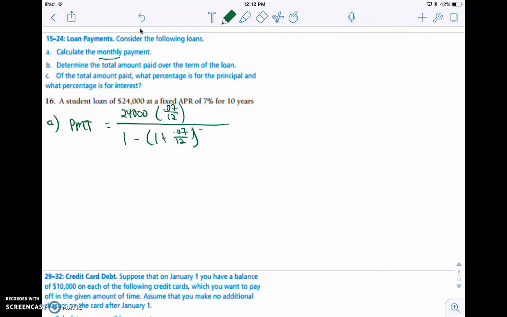All that's raised to the negative 12 times a year for 10 years. And when we multiply all of that out, we're eventually going to get $278.66. That would be the monthly payment that you would need over 10 years to pay off your $24,000 student loan.